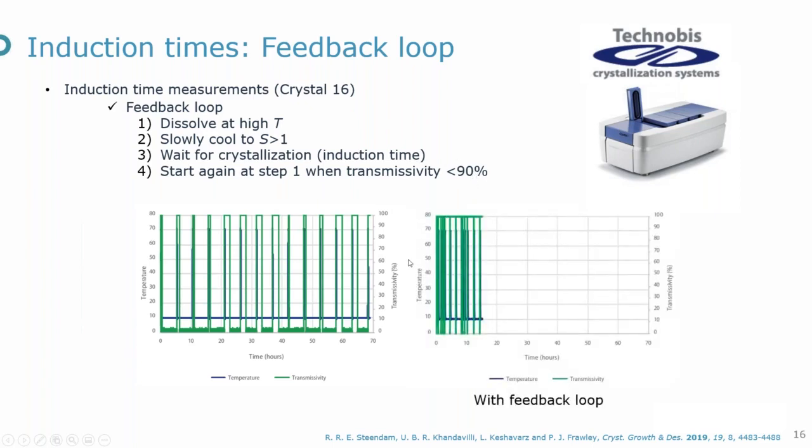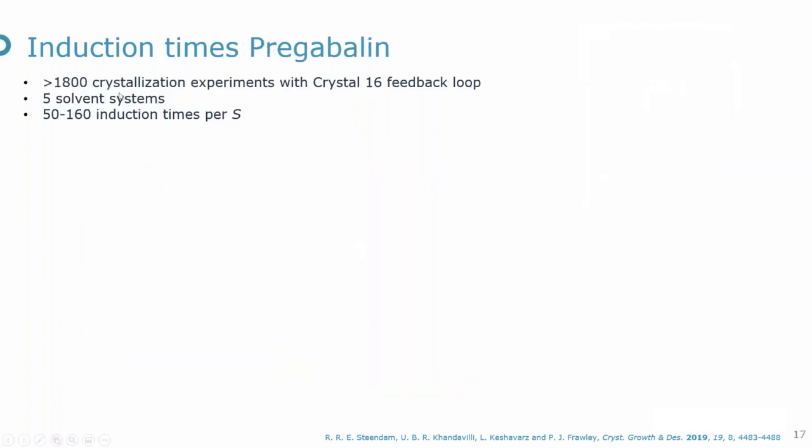That way we could significantly reduce the experimentation time and do a lot of experiments in a small amount of time. For our work, we performed in total more than 1,800 crystallization experiments within a month. We tested 5 solvent systems, and that way we could obtain 50 to 160 induction times per supersaturation per solvent.